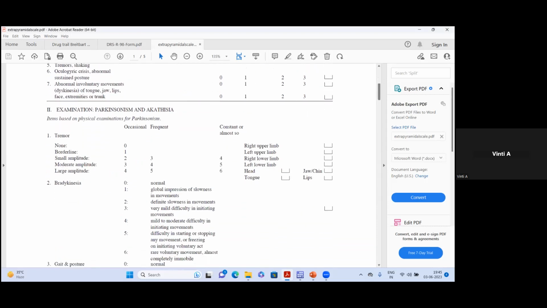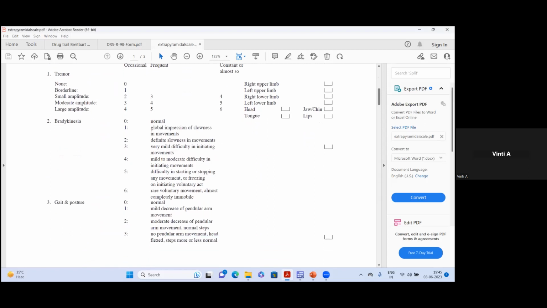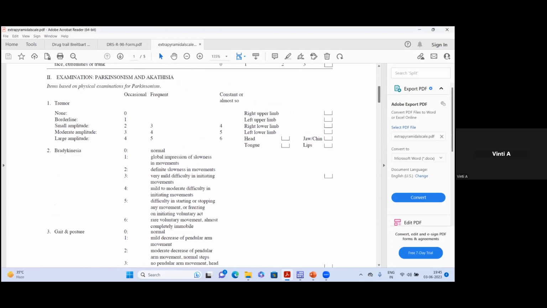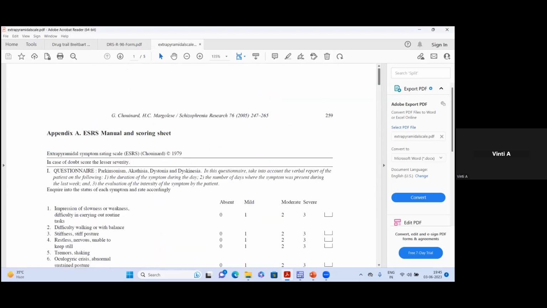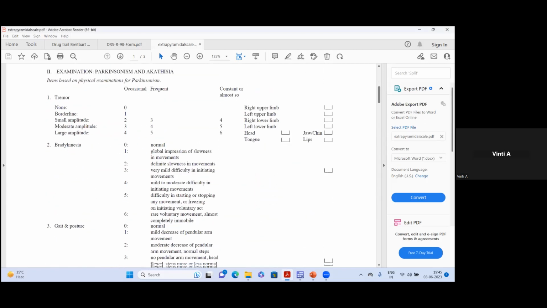Parkinson, tremor. So please note, this is a scoring sheet and this is a rating scale. Look at the items that they have used.